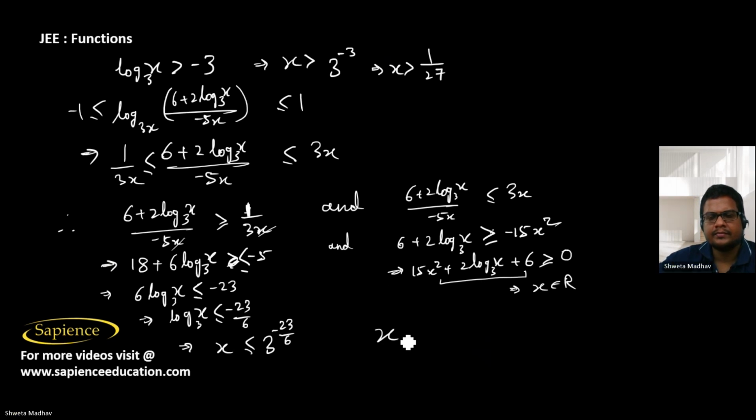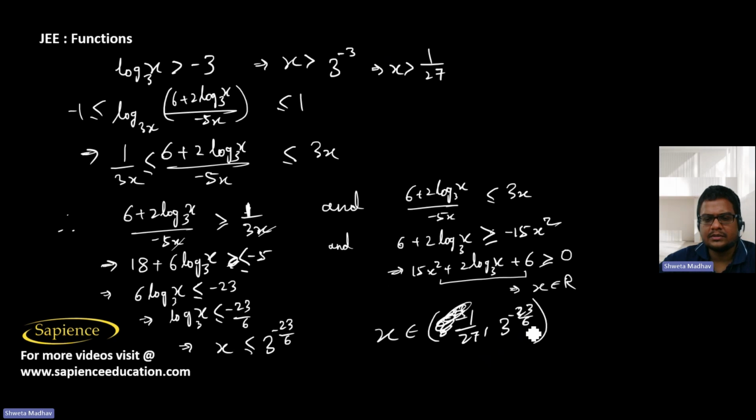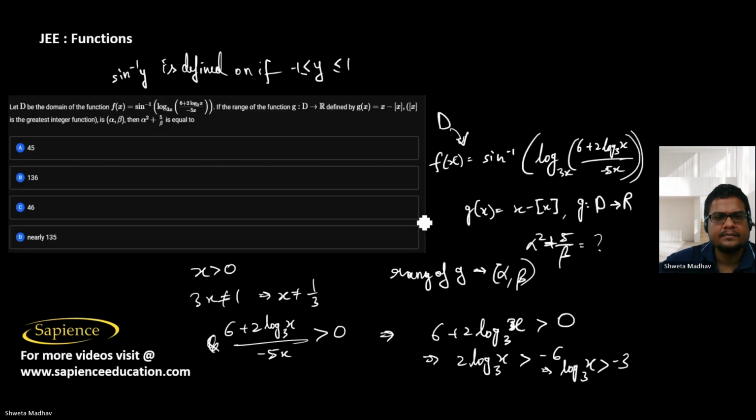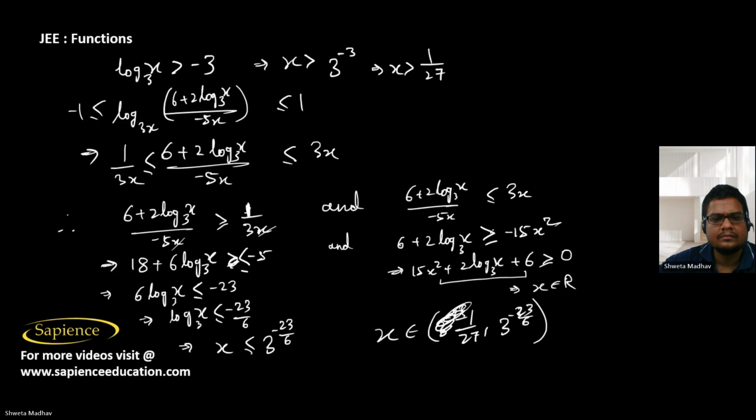It means that x should go from 1 by 27 to 3 power minus 23 by 6. Actually, x should be more than this.